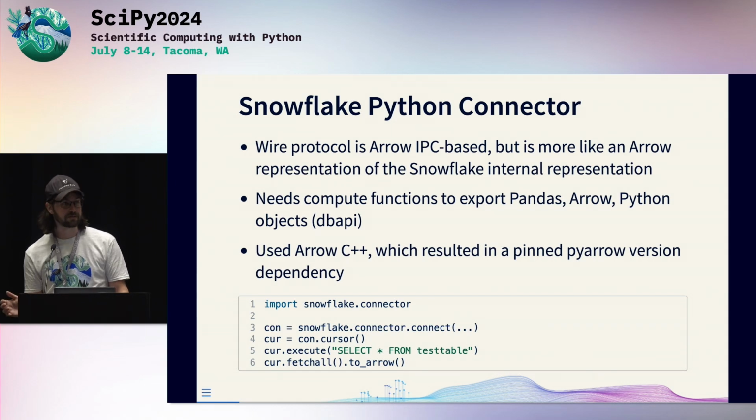Arrow C++ is a great way to do that, and for a long time it was the only way to do that if you wanted to do high-performance Arrow stuff. But unfortunately that resulted in a pinned version, because you had Arrow C++ in PyArrow and you had Arrow C++ in Snowflake, and you had to make sure that they matched up with each other, or you'd end up with a crashed process.